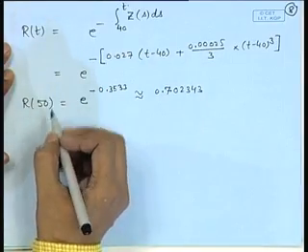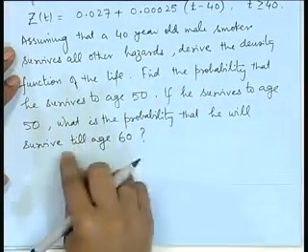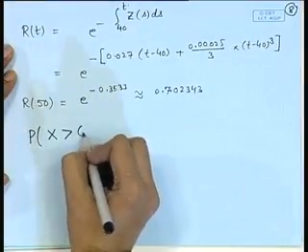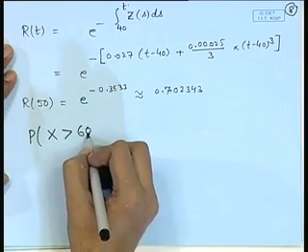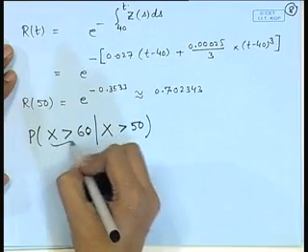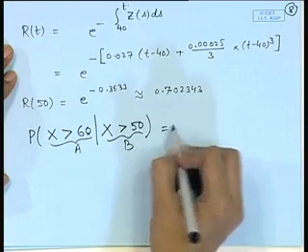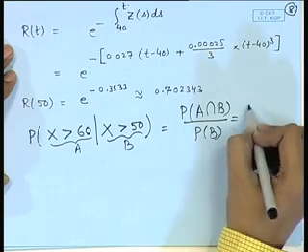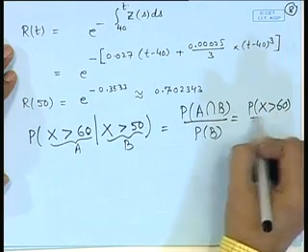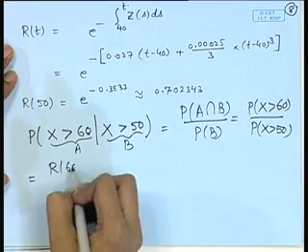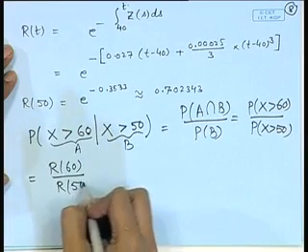If he survives to age 50, what is the probability that he will survive till age 60? This is a conditional probability that he is having life at least up to 60, given that he has survived till 50. If we consider this event as A and this event as B, then it is probability of A intersection B divided by probability of B, and that is equal to probability x greater than 60 divided by probability x greater than 50, which is the ratio of the reliabilities at t equal to 60 and 50.